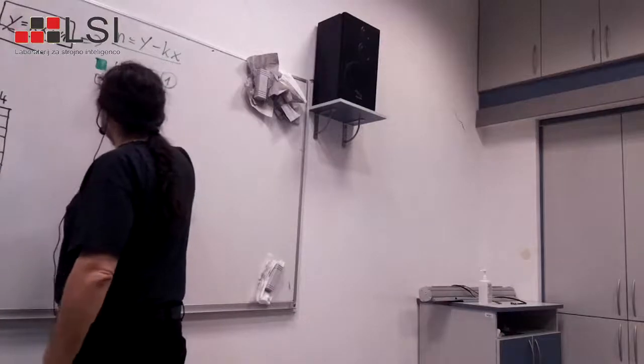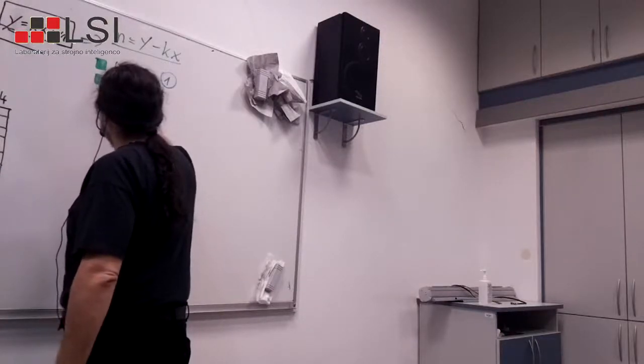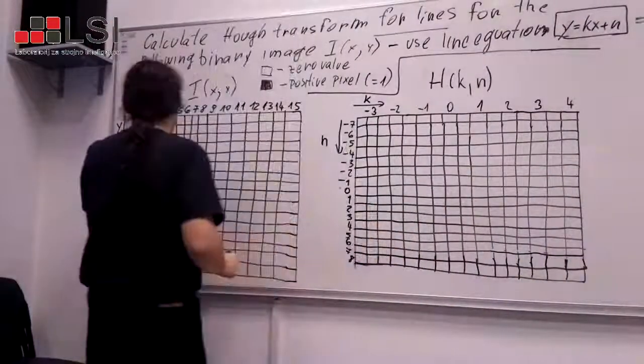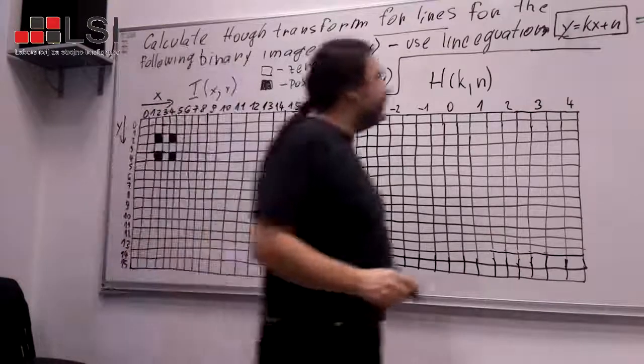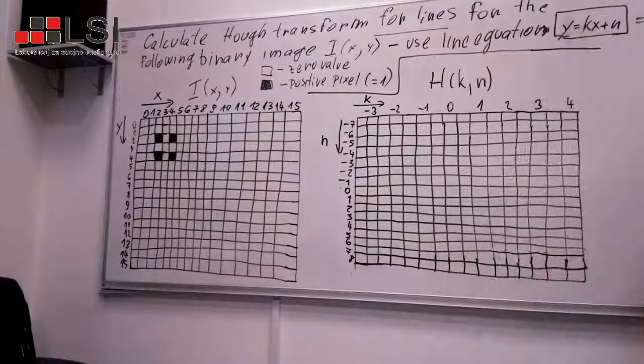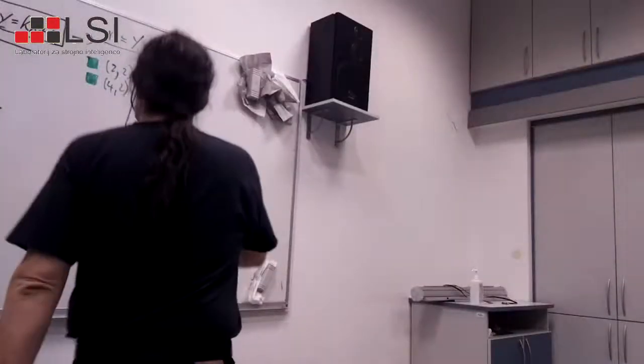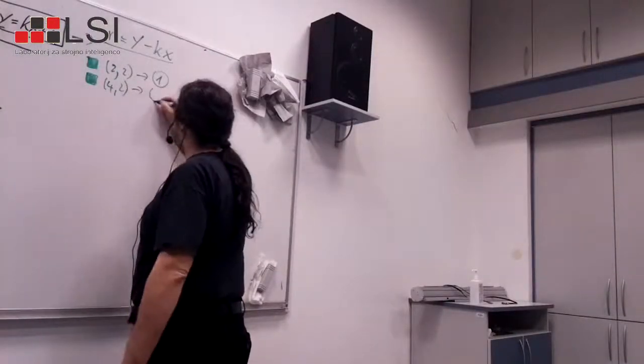Then we have another cell that is at position 4, 2, and this will be our voter number 2.